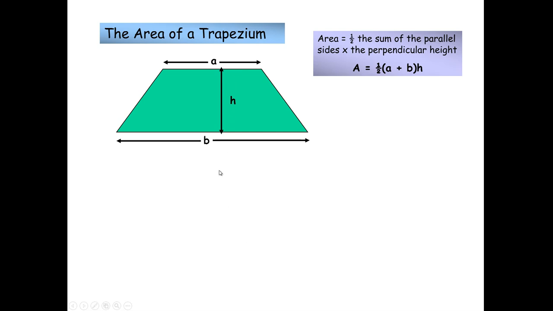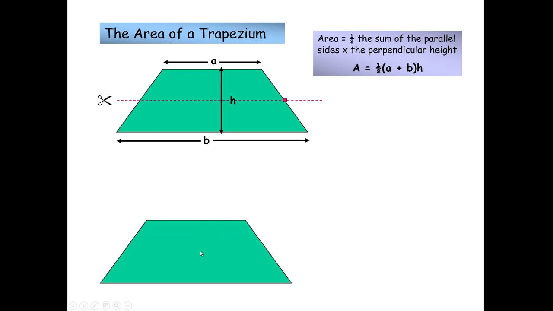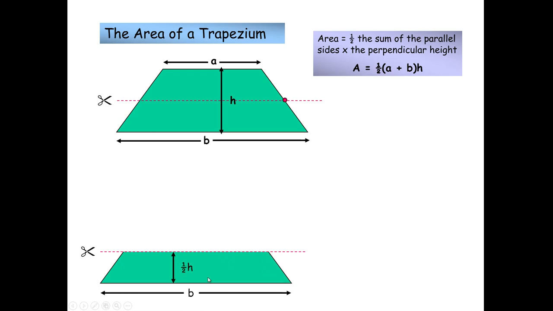Read that word before, perpendicular. What I'm going to do is just to demonstrate where this comes from. I'm going to cut my trapezium in half, and then I'm going to flip it, flip the lid. So, cutting it in half, like so, and then at the corner here, I'm going to flip the lid.